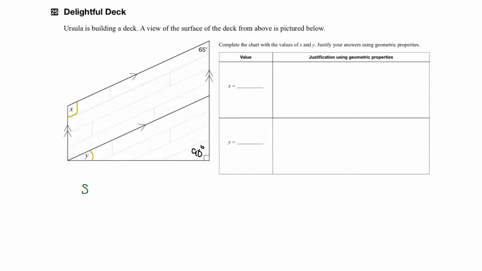So the sum of the angles of a triangle theorem says that they will all add up to 180 degrees. So if I let this angle here, this dot, be an angle in the triangle, we can say that the dot plus the angle y plus the angle 90, the right angle, will add up to 180 degrees.